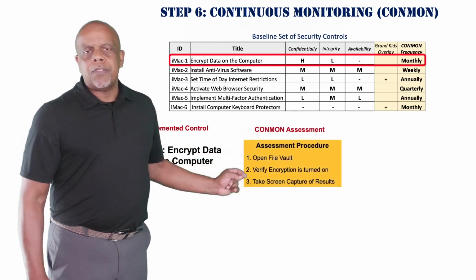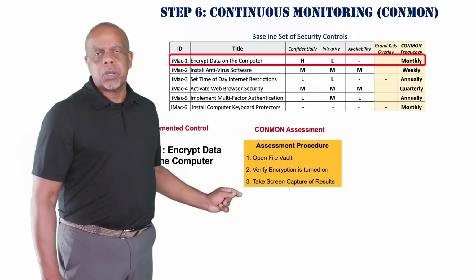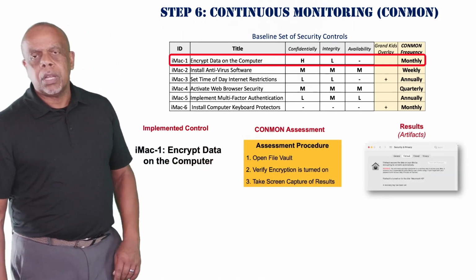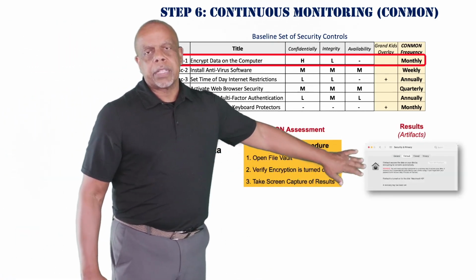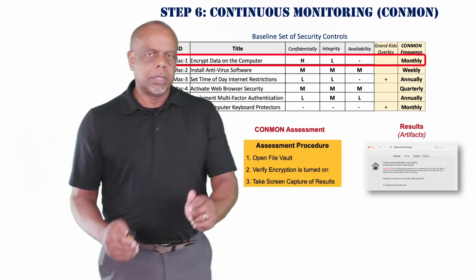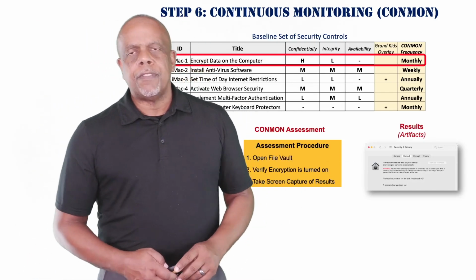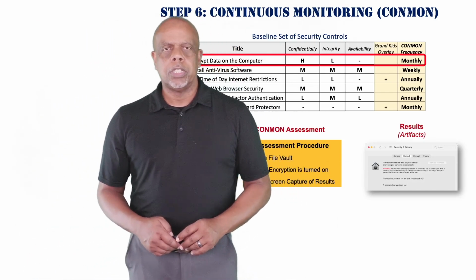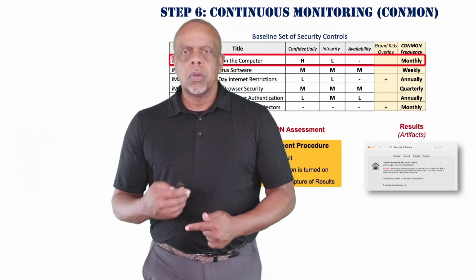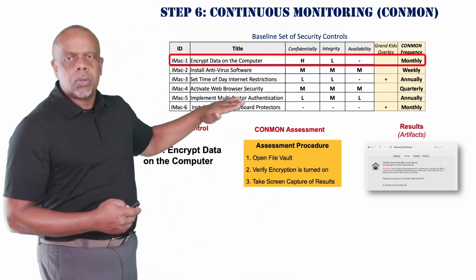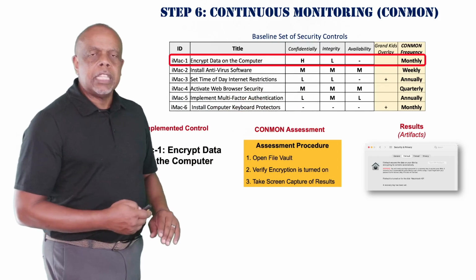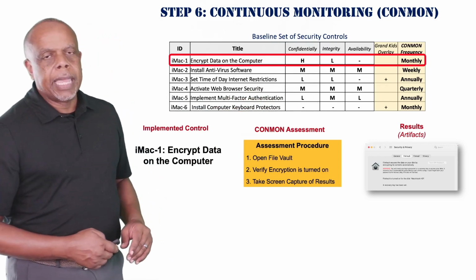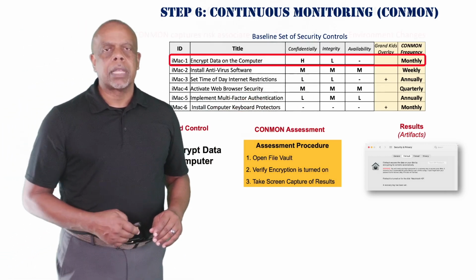So I'm going to open up FileVault, verify encryption is turned on, and take a screen capture of the results, and that gives me an artifact. I can let my dad know, hey, look, Dad, here you go. Yep, your files are being encrypted, so you're good to go. So monthly, that's what I'm going to do. Each of those controls now are on my continuous monitoring plan and continuous monitoring cycle.